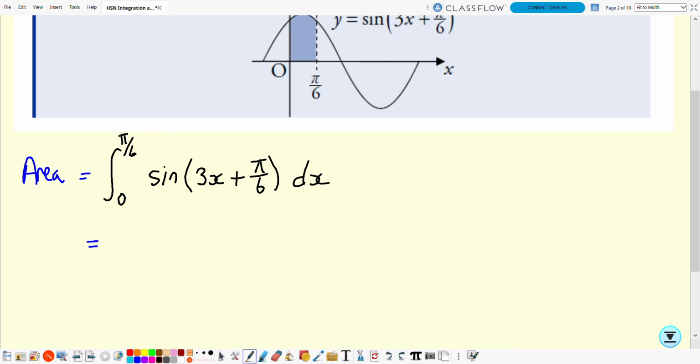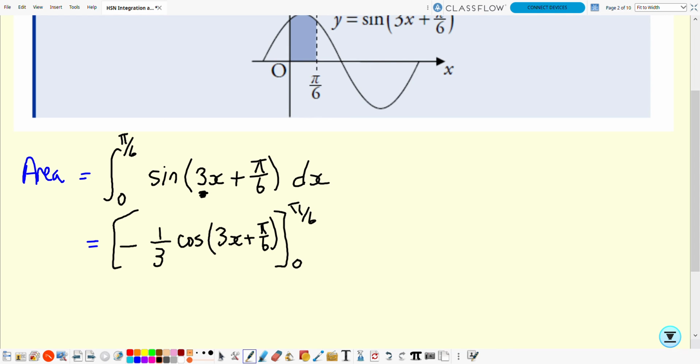So you would look to your formula to integrate this, and the integral of sine is going to give you negative cos, and the fact that we've got this 3x going on, that's our 1 over a part, so we would have negative 1 over 3 cos of 3x plus pi over 6, and all of that is within your limits, 0 and pi over 6.